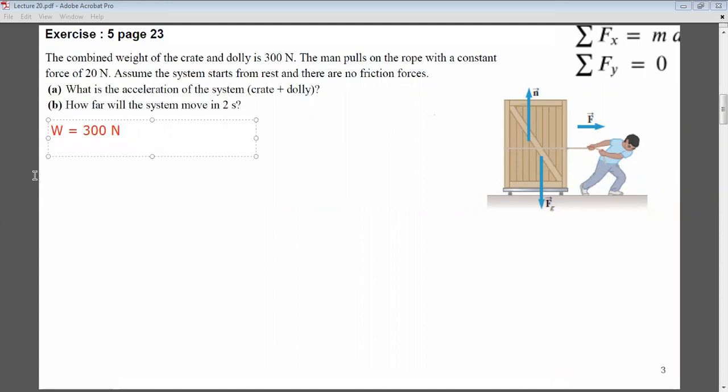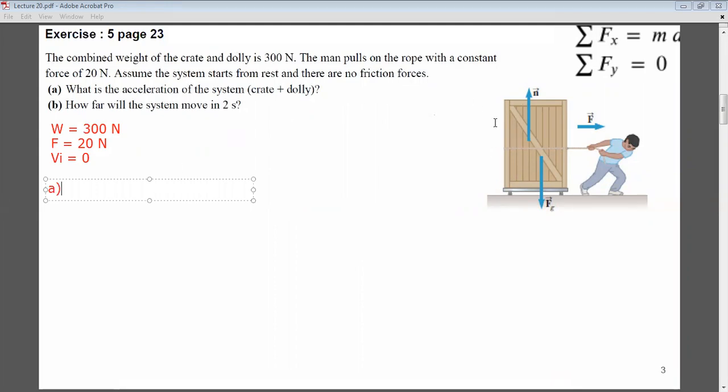The force F is equal to 20 Newton. He also tells me that it starts from rest, which means V initial equals 0. And there is no friction, so friction is 0. This is the given. Part A, find the acceleration of the system.